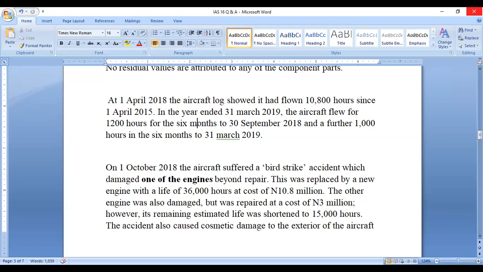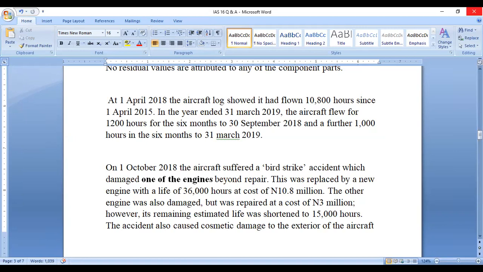Note that in the profit or loss account, the depreciation that is recognized is the one for the year and not accumulated depreciation. The reason why we calculate accumulated depreciation is for the statement of financial position.